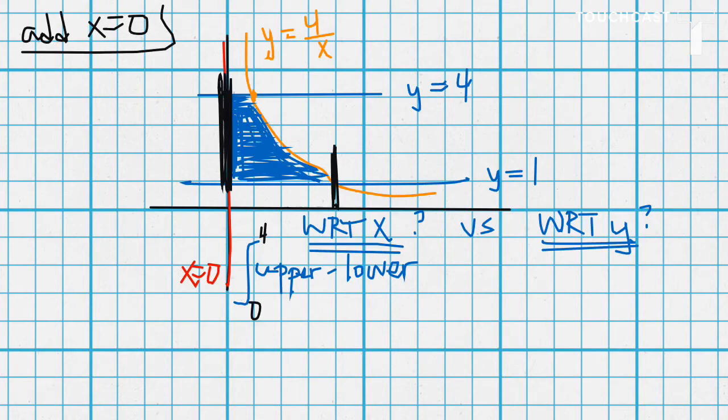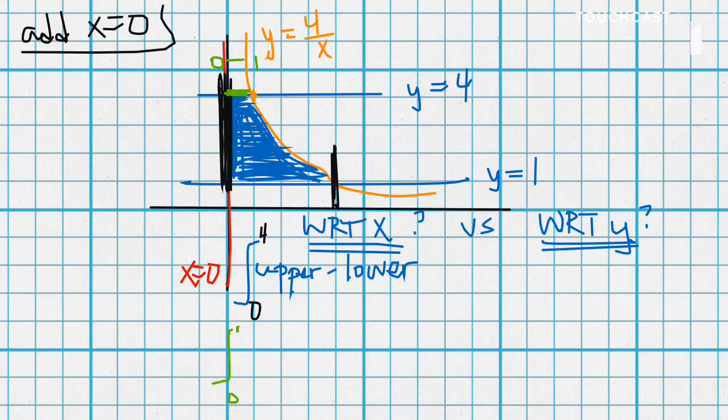If I look at the upper curve, so I'm actually going to trace it with this green marker, and the upper curve, starting with x equals 0, for a little bit is actually blue. It's not the yellow or orange. So for that piece, and that happens from 0 to 1, so I'm going to have to split it up.